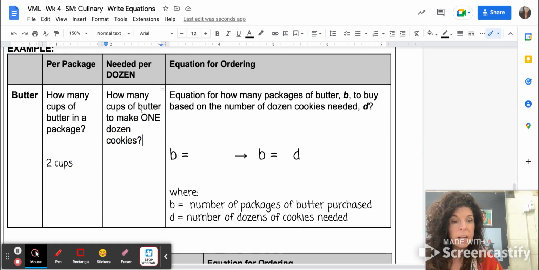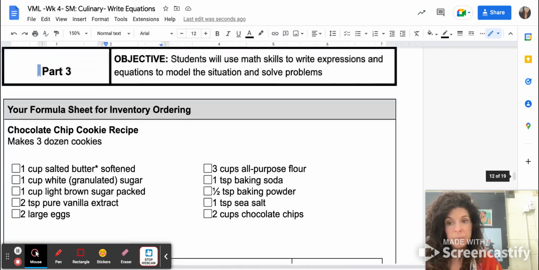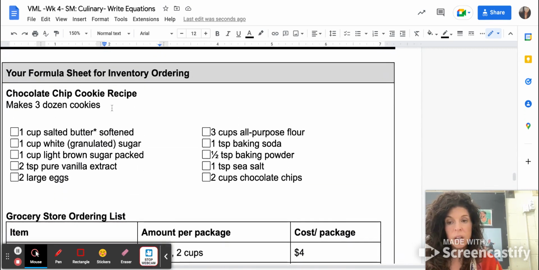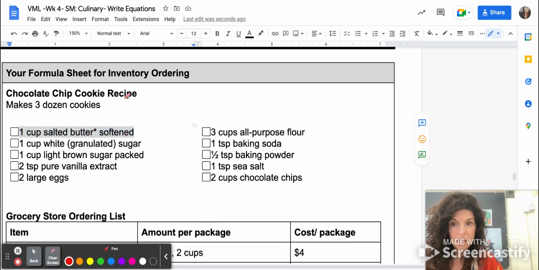So we're going to look back at our recipe. We're looking at butter. So it says 1 cup salted butter. Now we have to be careful. How much is in one recipe? How many dozen cookies does one recipe make? Hint. It's up here. It makes 3 dozen.